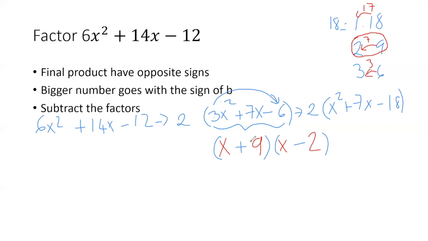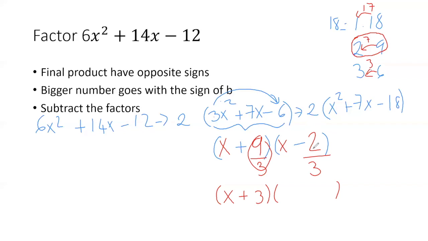Last step, I will divide each number I just found by a. My a in this problem is 3. Then try to simplify each fraction. 9 divided by 3 is 3. So x plus 3.